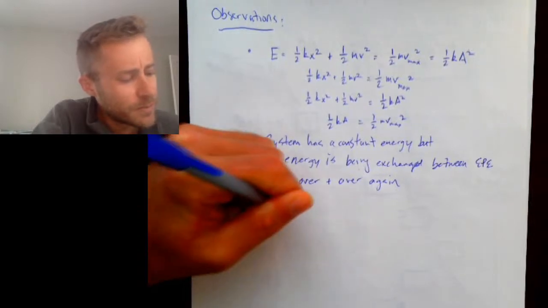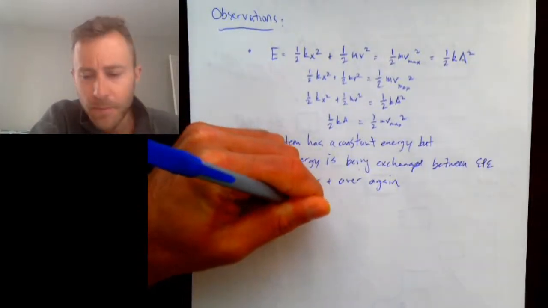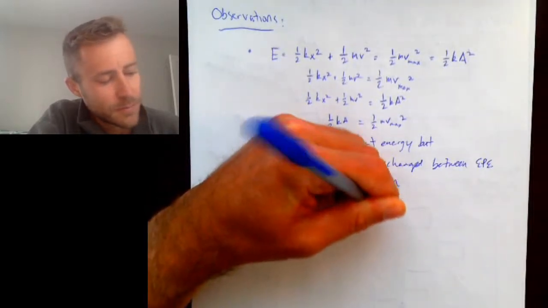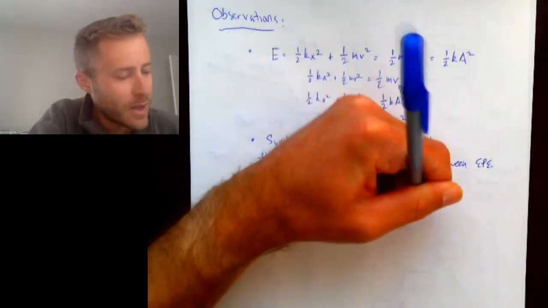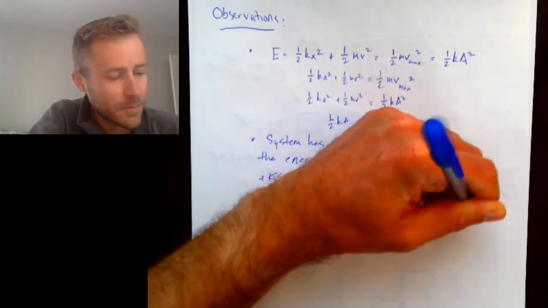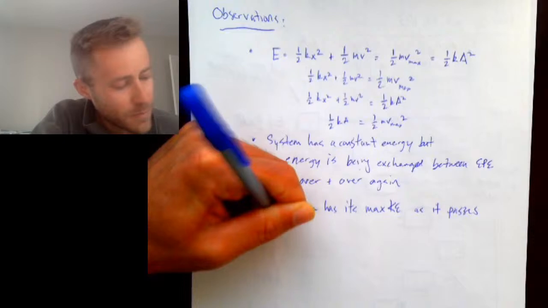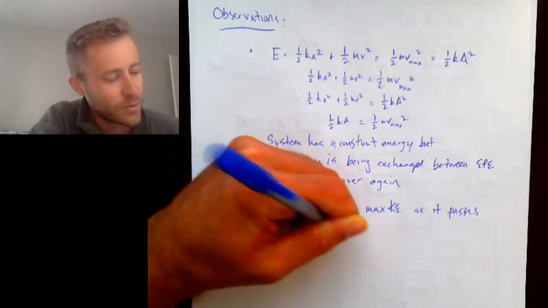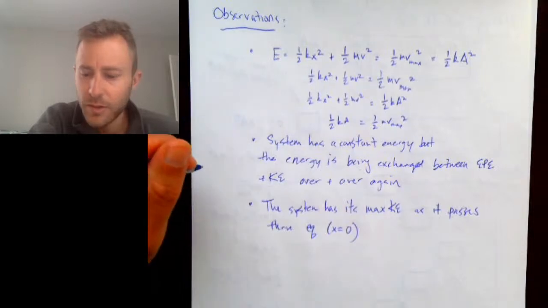The system has its maximum kinetic energy as it passes through equilibrium, which is x equals 0 in this case.